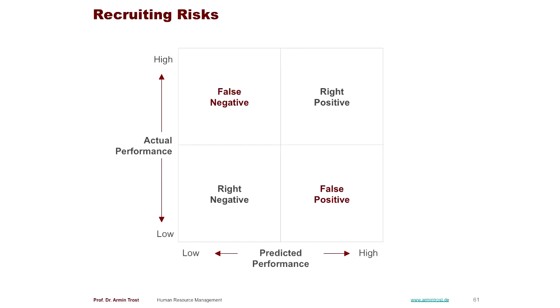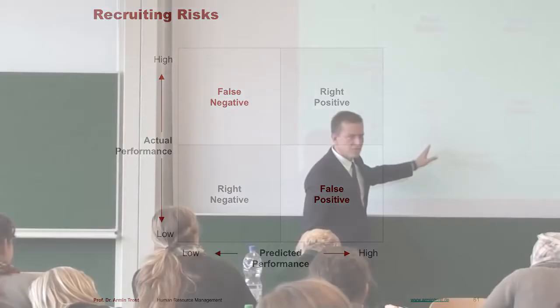Once I have hired you, I will know whether you have performed well or not. So this is the truth, the actual performance. So we have 4 situations where we can end up. One situation is that I say, well, I don't think that you will perform well, so I reject you.